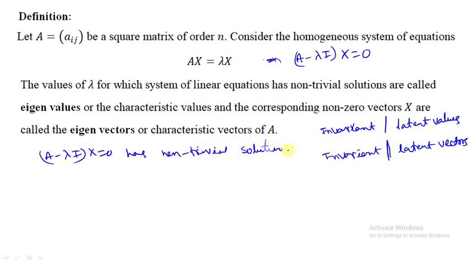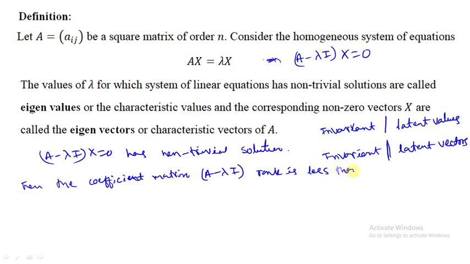What does that mean? Then the coefficient matrix A minus lambda I has rank less than n.